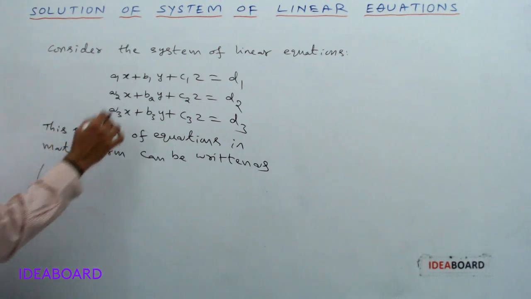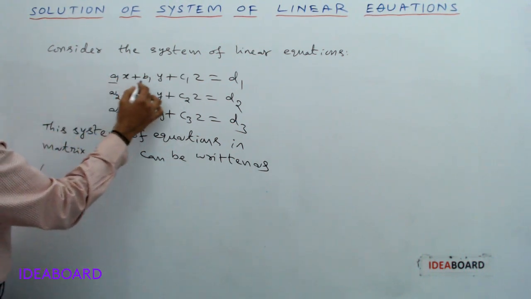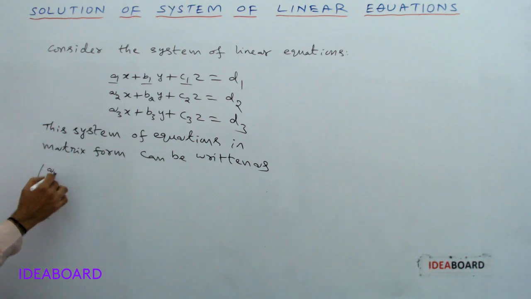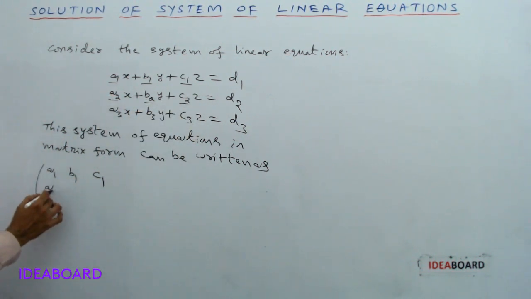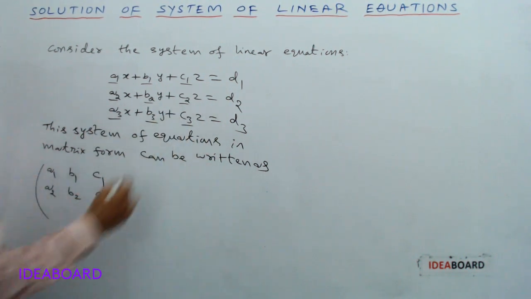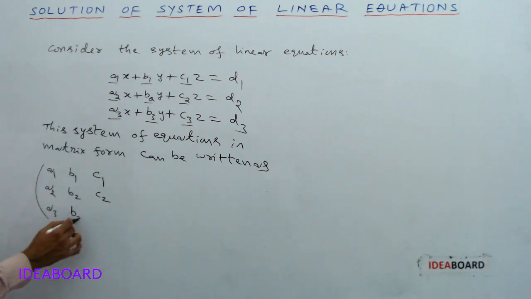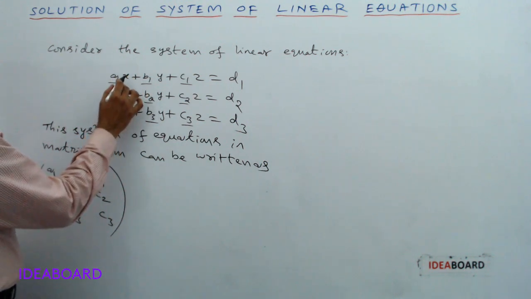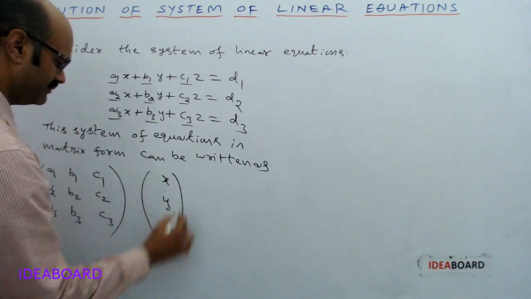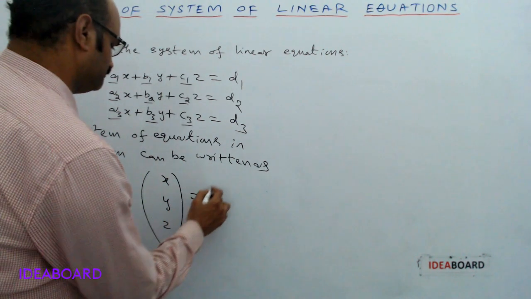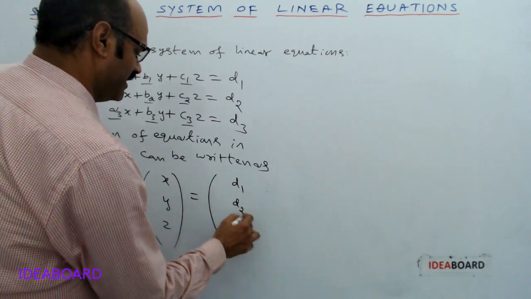First matrix: we have to take the coefficients of x, y, z: a1, b1, c1. Next we have coefficients a2, b2, c2, and a3, b3, c3, into the variables. We have three variables x, y, z. Write x, y, z equal to d1, d2, d3.